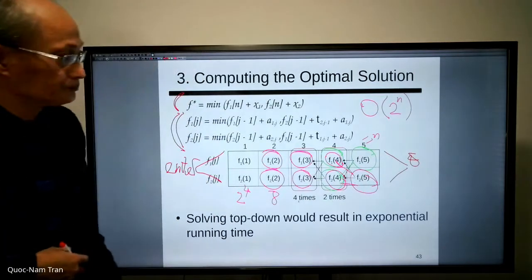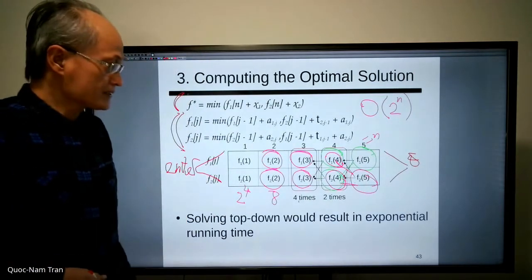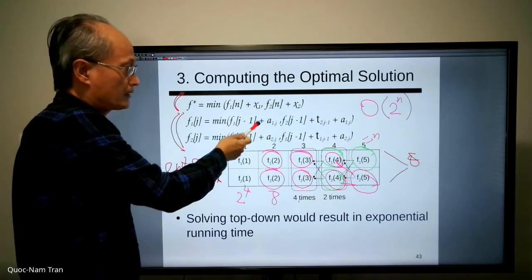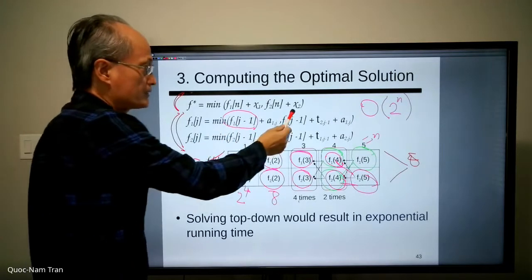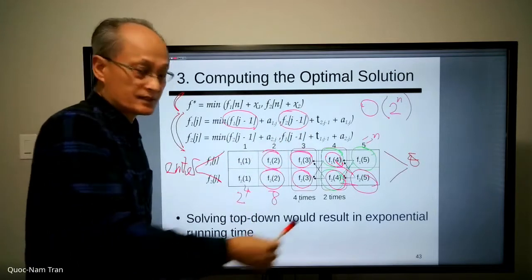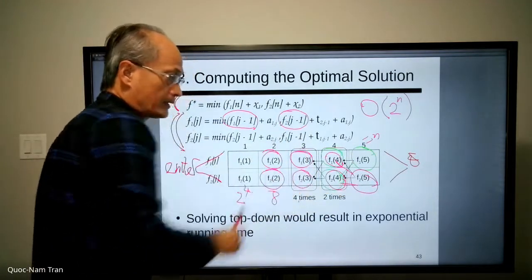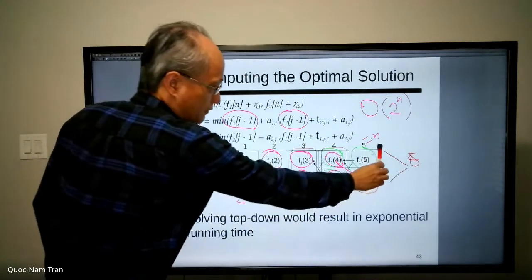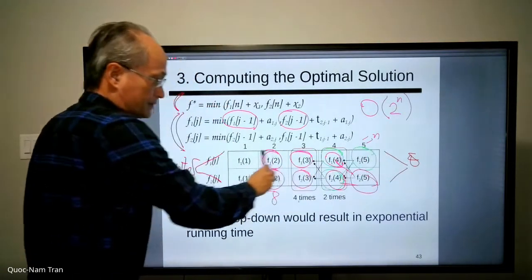The point here is if we choose the recursive algorithm, some values will be recalculated again and again. It's because we go from right to left.